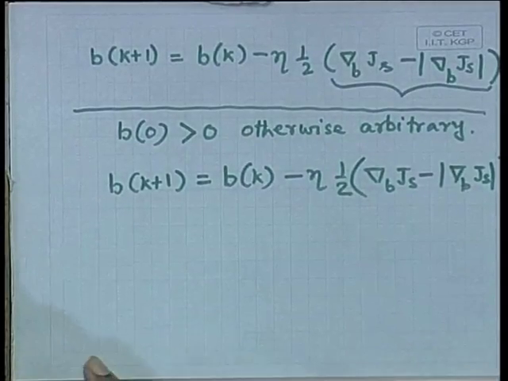And because we are ensuring that B will always remain greater than 0, it is quite likely that even for linearly separable cases, we will get a solution vector which will actually linearly separate between the two sets of samples belonging to two different classes.